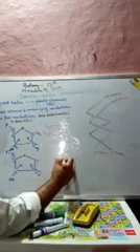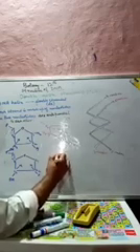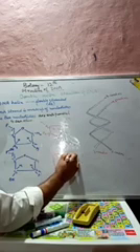Now we will try to draw another one. C1, carbon first, this is carbon second, this is carbon third, this is carbon fourth, and here it is hydrogen and hydroxyl.